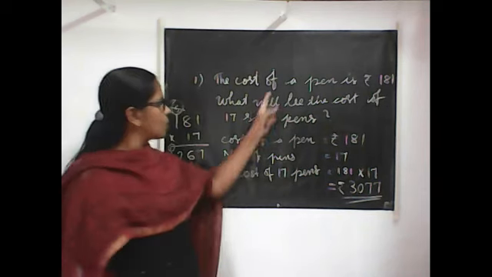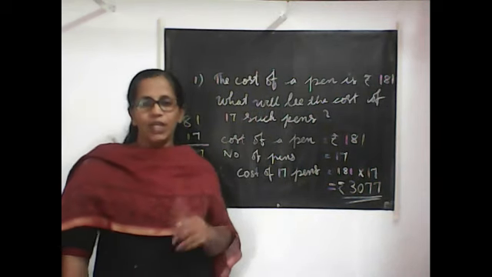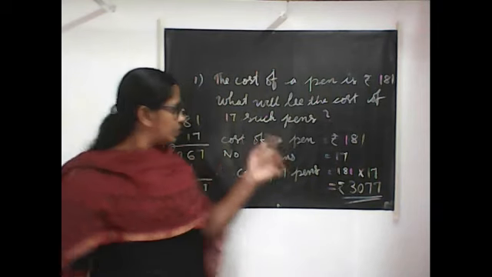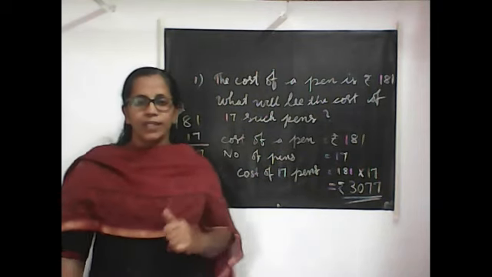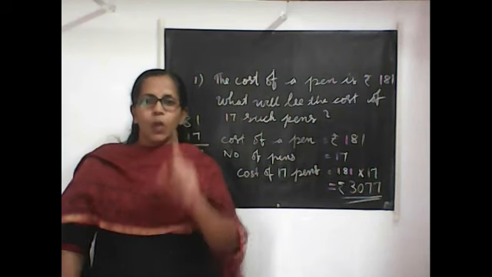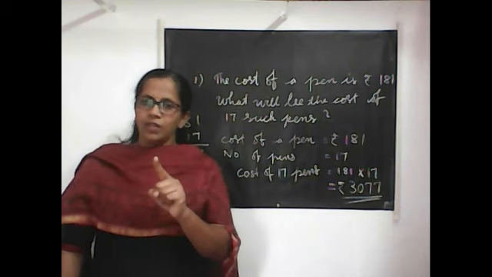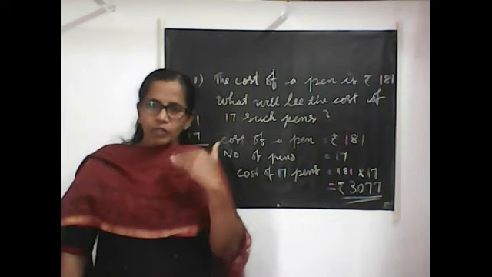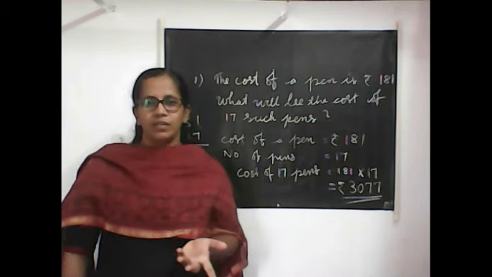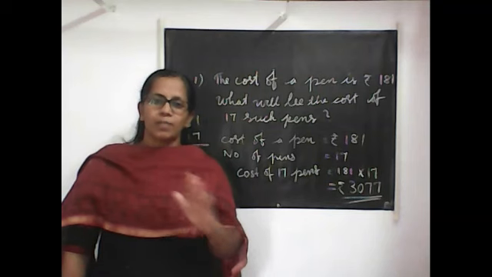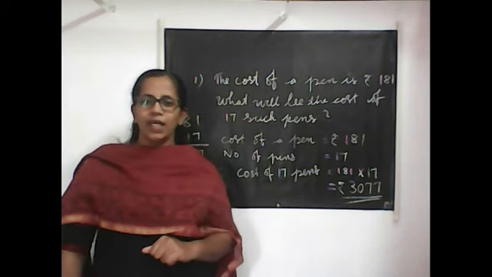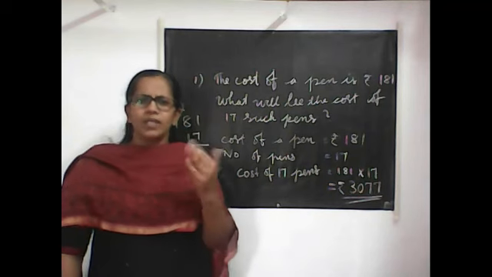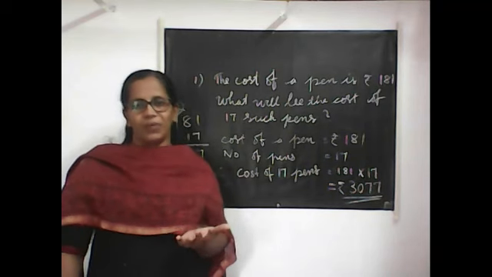Since the cost of one pen is given and you are asked to find the cost of more than one, that is 17. So whenever the cost of one is given and you are asked to find out more than one, then it is always multiplication. Keep that clue inside, and think about the meaning of the question. It will be easy for you.